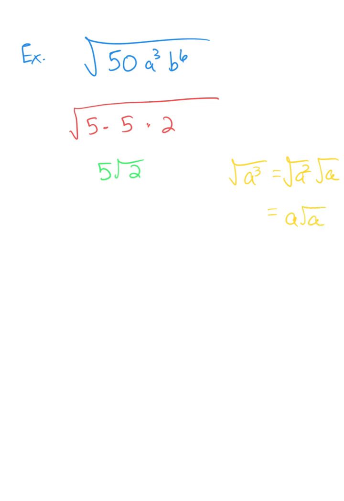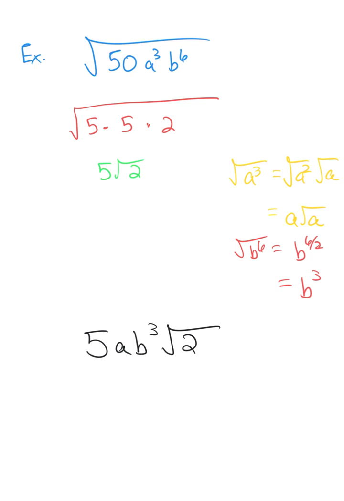So there I didn't even put it into exponential form. You take your choice. And then square root of b to the 6 is the same thing as b to the 6 over 2, which equals b cubed. So then now I'm putting these all together. Outside is a 5, an a, and a b cubed. Under is a 2 and an a. And I'm done.